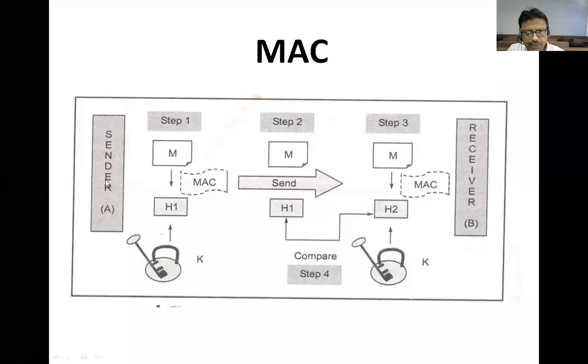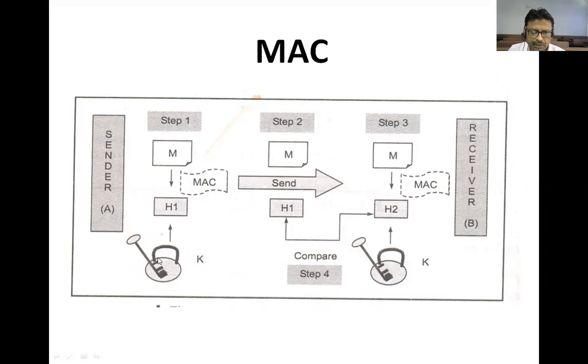So what the sender does is, it takes the message, applies the key on the message to get its hash value, and that hash value is known as the MAC value. And then along with this message, this hash value H1 is sent to the receiving end.